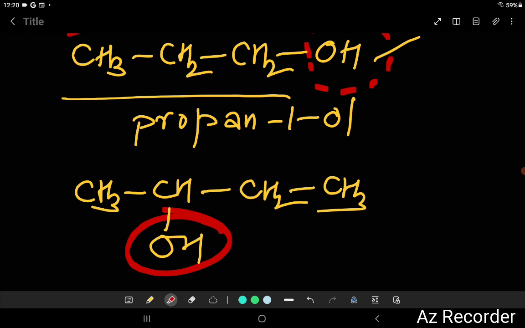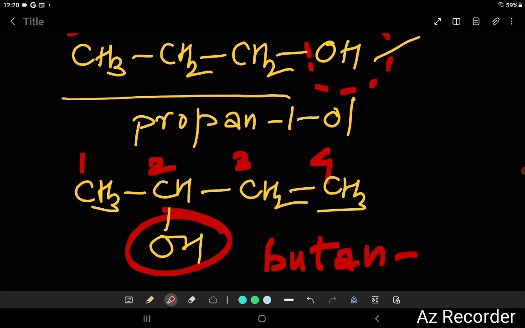We have to number the carbons: 1, 2, 3 and 4. 4 carbons means but, and single bond means ane, and the functional group OH, that means "ol", is attached at carbon number 2. So butan-2-ol.